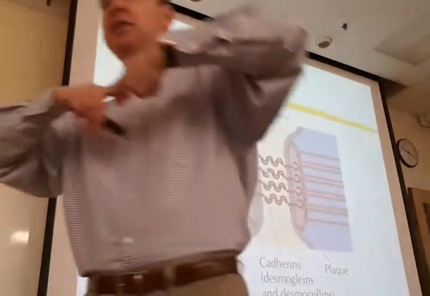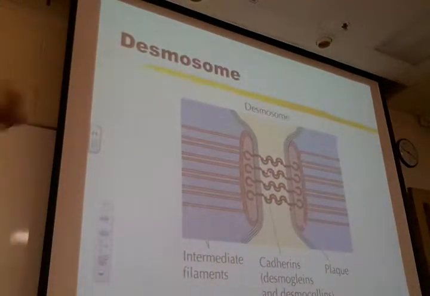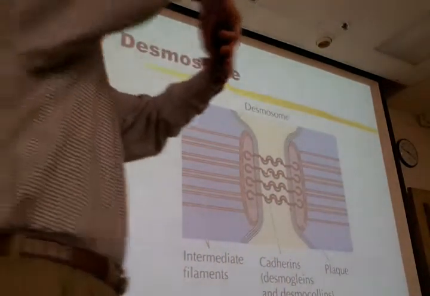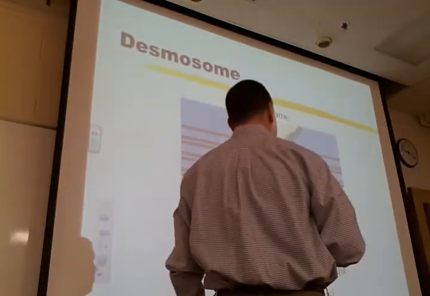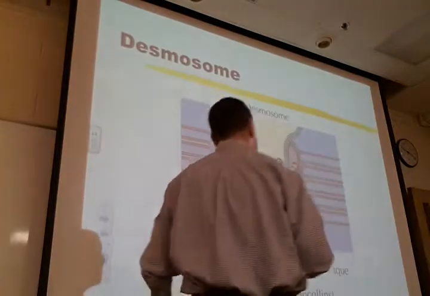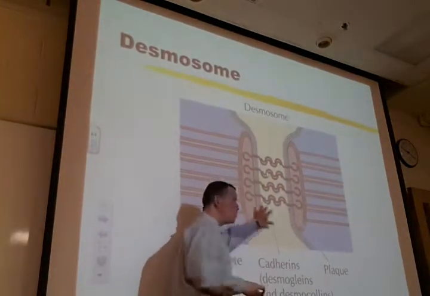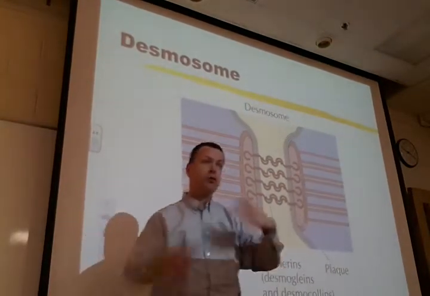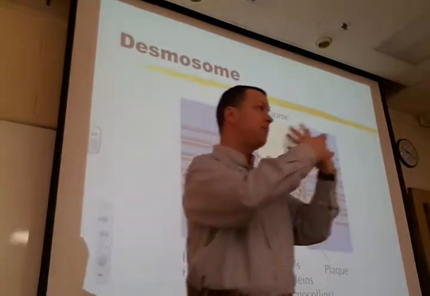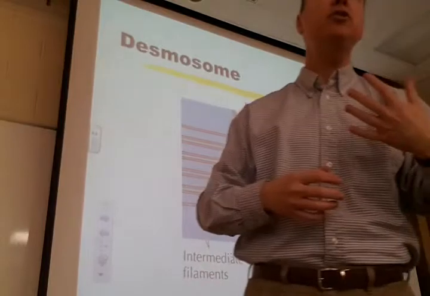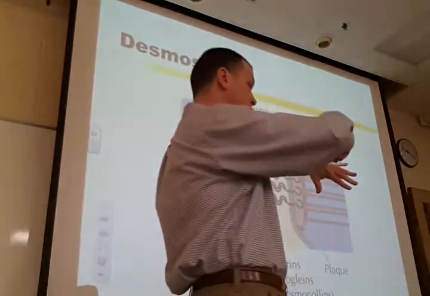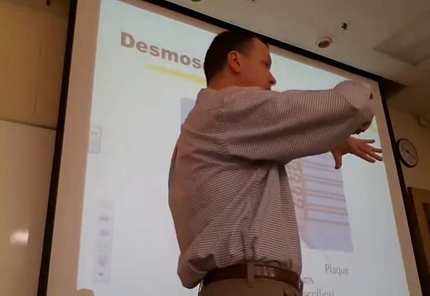So these, like I said, are not nearly as tight. Things can get in between here, no problem. But they are good attachment sites for cells that are adjacent to each other. And again, especially in an epithelial sheet, these desmosomes are important for distributing that physical and mechanical stress across a wider part of the tissue, rather than just being focused right there, where my finger's pointing.